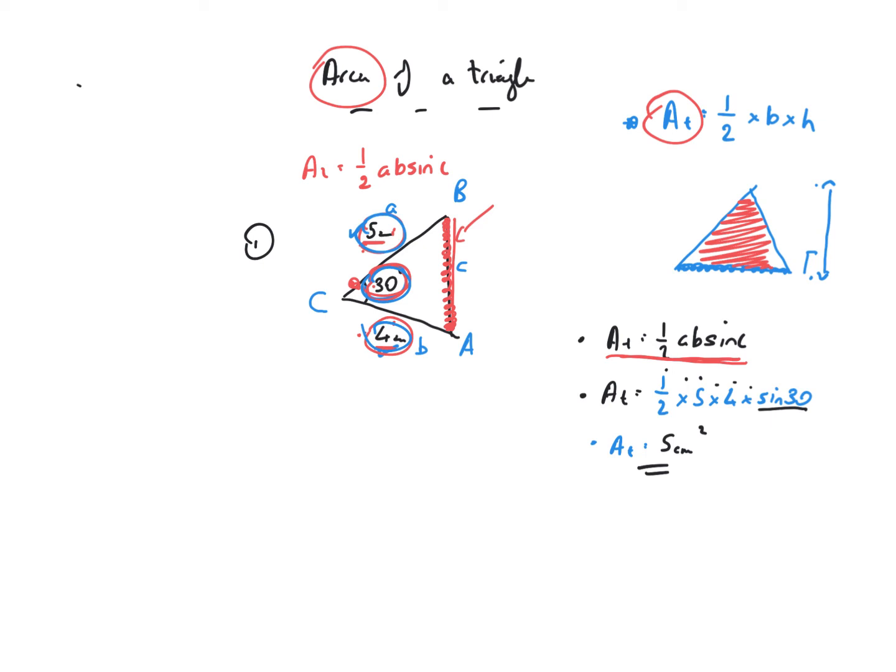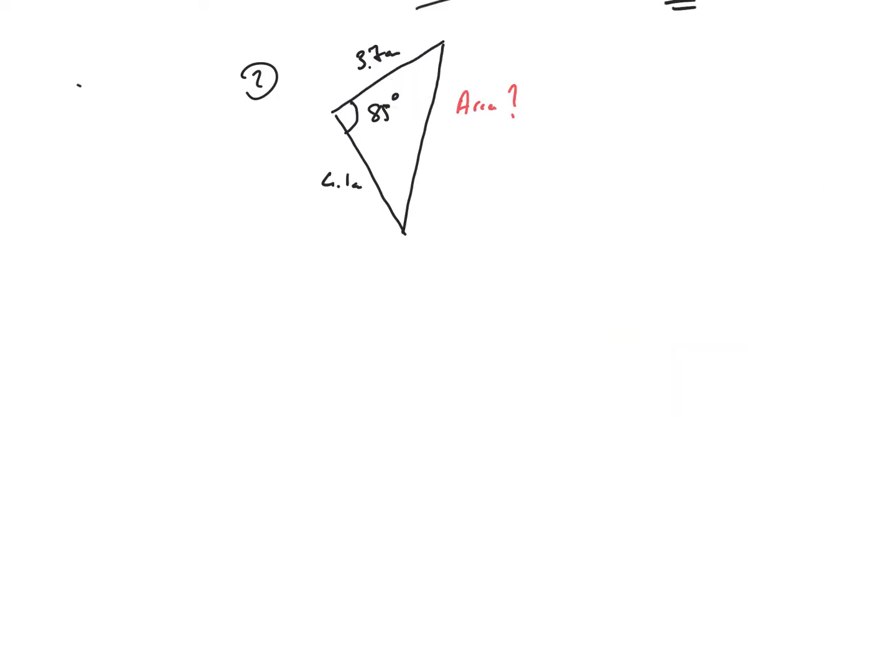So let's try a second example. Okay, so again the question is asking to find the area. We can see that it's 2 sides with angle sandwiched in between, so it's going to be area of a triangle half AB sine C. Now at this point it doesn't really matter if I don't have letters attached here, because I know that these will represent the sides, that's A and B, and the angle will represent the capital C at the end of sine C there.